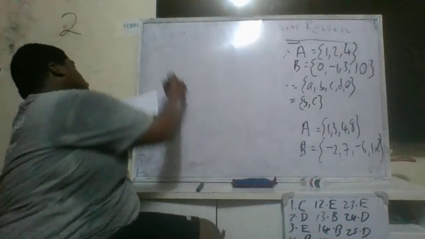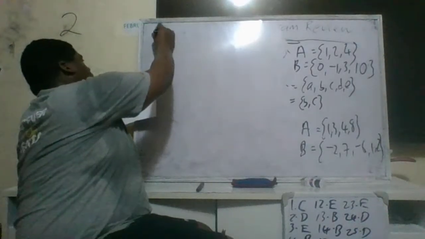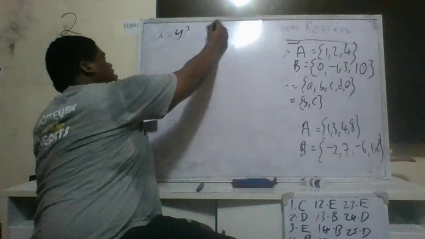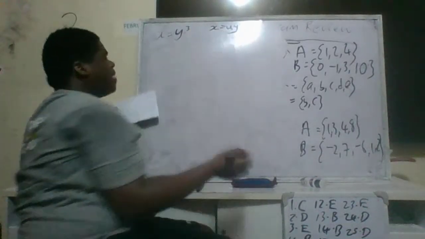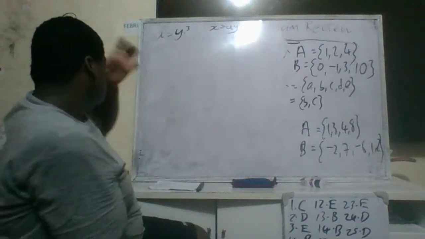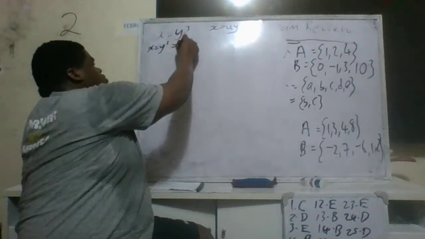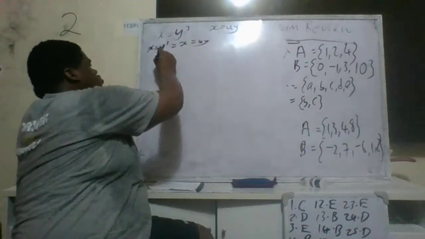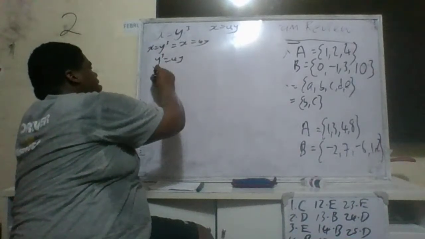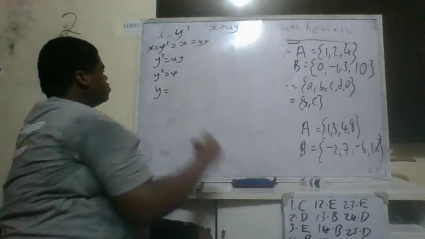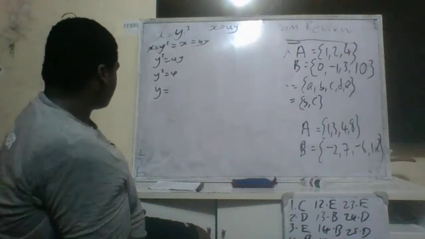So you have the volume bounded by x equals y cubed and x equals 4y around the y-axis. So we're looking for when y cubed is equal to 4y.